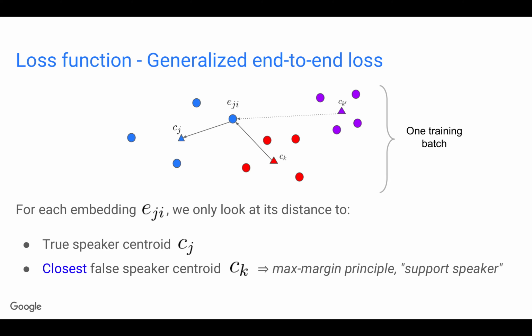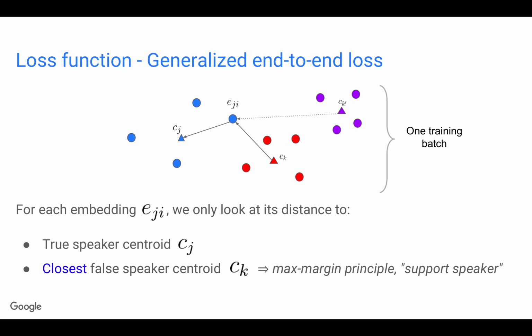At the same time, we want e_ji to be far away from the centroid of false speakers. Notice that both c_k and c_k' are different speakers than speaker j. However, because c_k is closer to e_ji than c_k', we only consider c_k in our loss function. So c_k is the closest false speaker centroid.